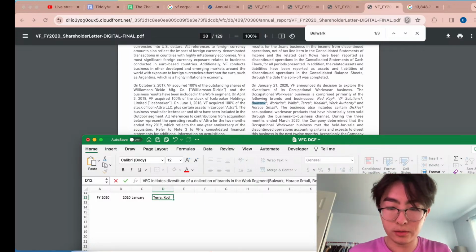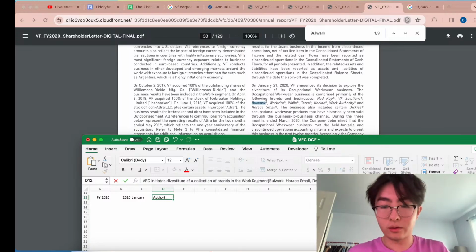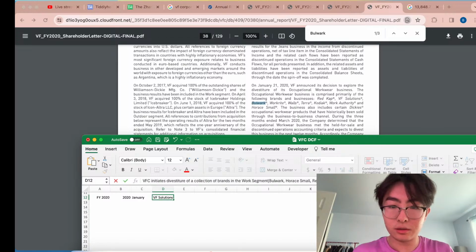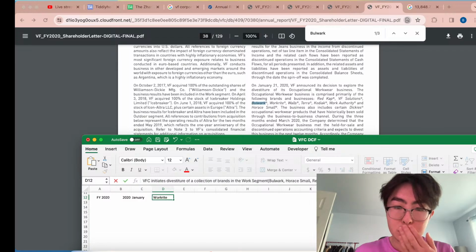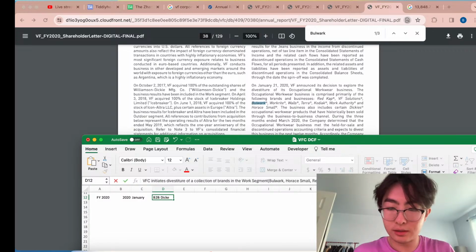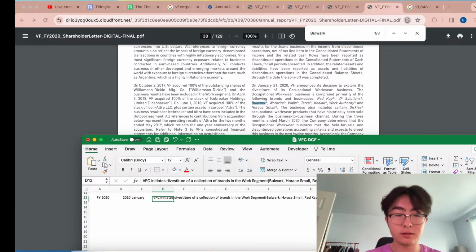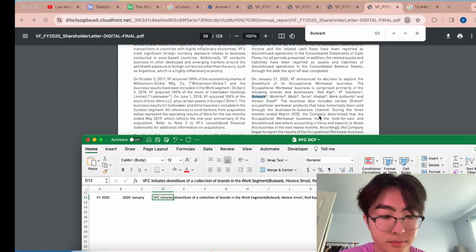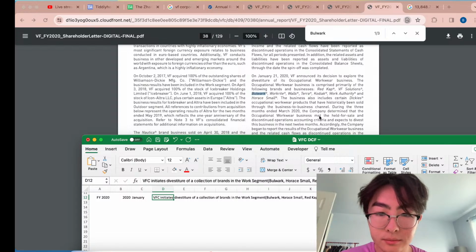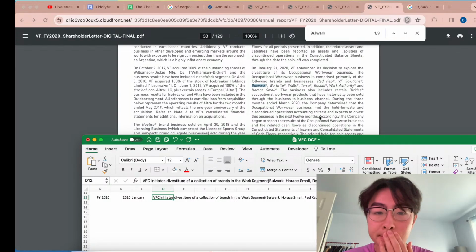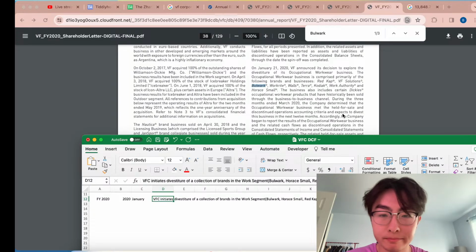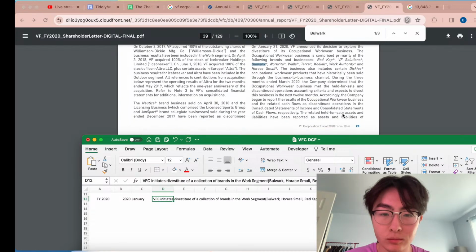Bulwark, Horace Small, Red Cap, Kodiak, Work Authority, VF Solutions, Workrite. The B2B Dickies business. Discontinued operations.